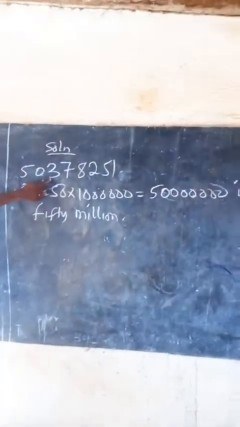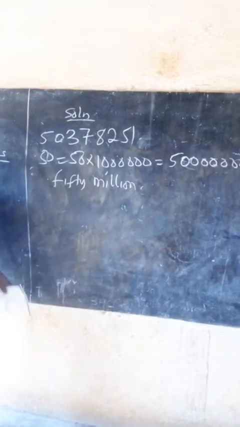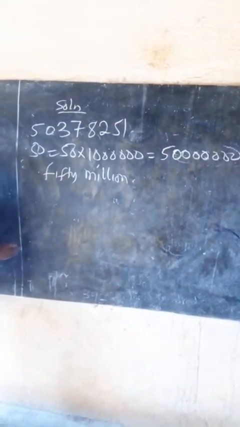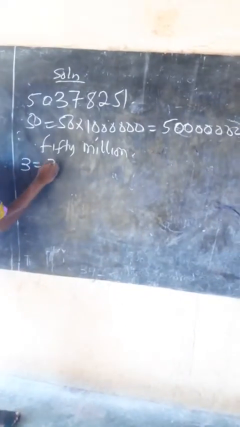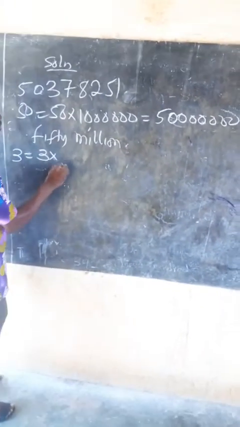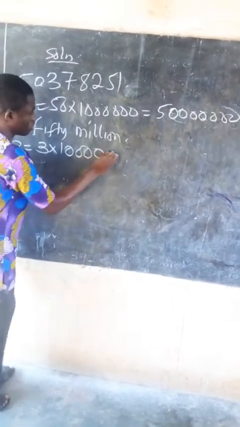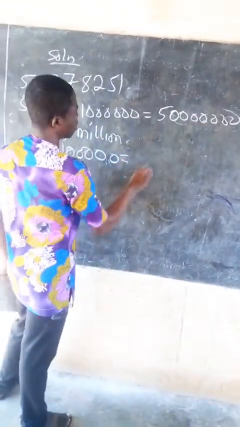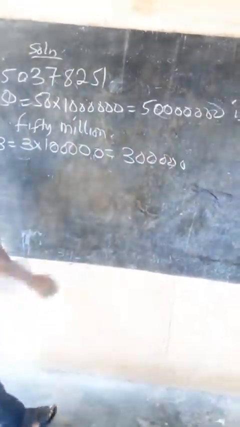Followed by 100, from million we get 100,000, so 3 is in 100,000. So 3 gives 300,000. That's 5 zeros.